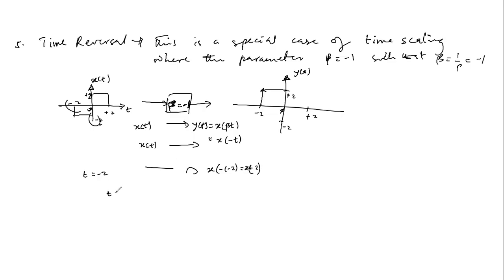So at t equal to 0, then we have s of minus 0, which is the same as s of 0. Sorry, something wrong here.